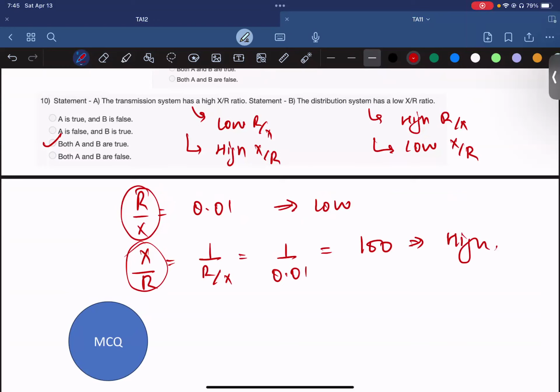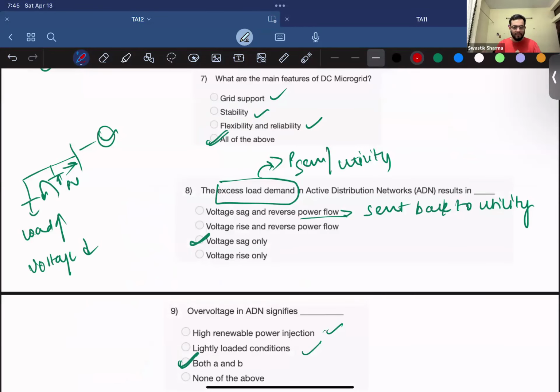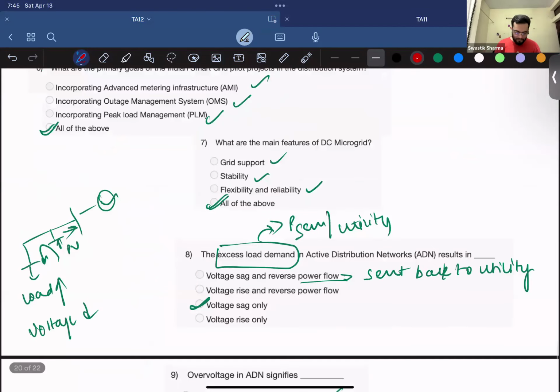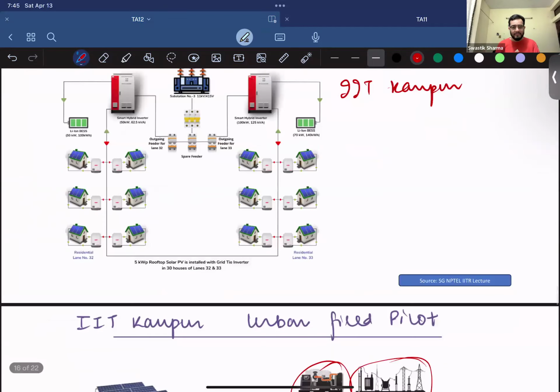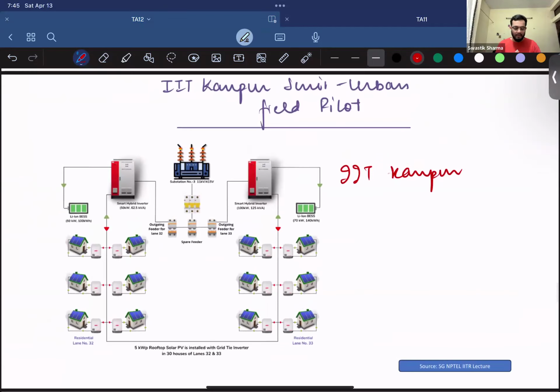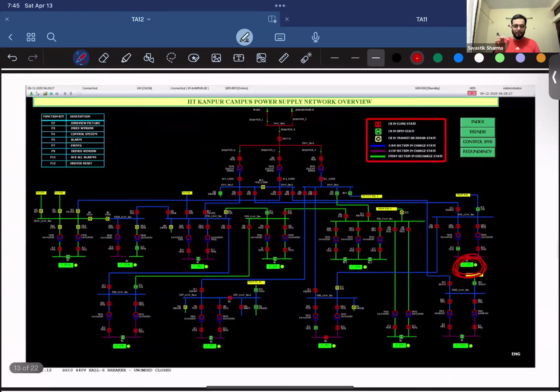So it's because of wires, it's because of the amount of power being transported, the current, etc. And on the distribution side, you would usually see that resistances are very high, and due to the resistances being high, the voltage drop will be very high. There's no perfectly balanced way to tell you why R by X ratio would come into play.